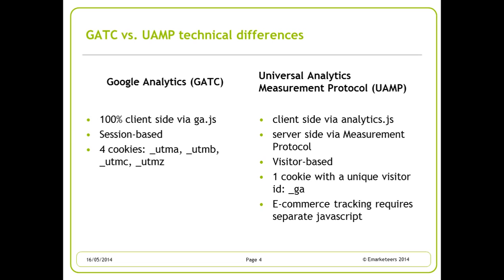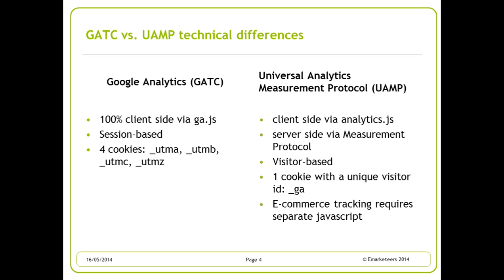What's also new is that Universal Analytics is visitor-based, and maybe when you hear that, you think, well, wasn't that always the case? No, it wasn't. Google Analytics in the old days was session or visit-based, and basically visits were stitched back together to create a journey of a visitor. But today, everything is based on visitors.